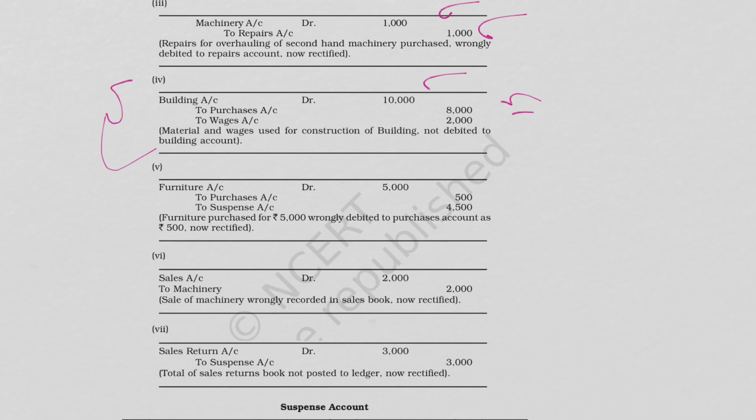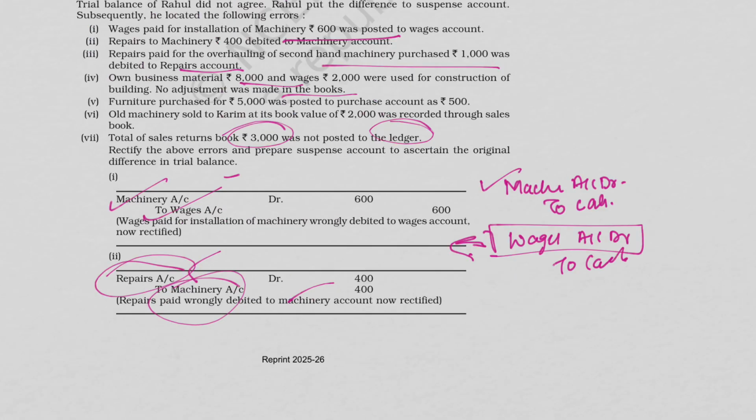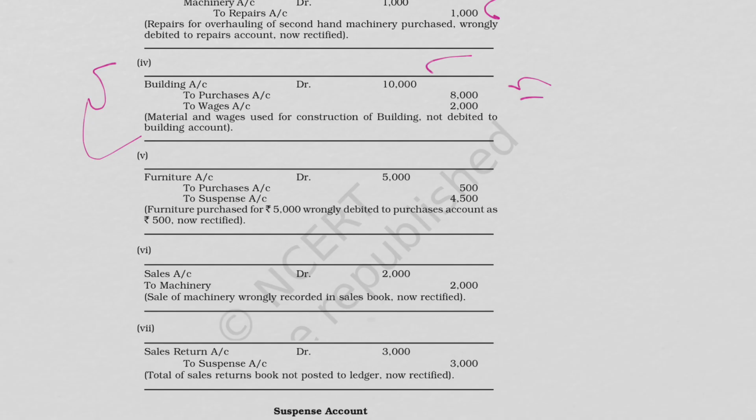So we'll post it. Furniture purchase for rupees 5000 was posted to purchase account for rupees 500. Okay. So furniture, it should have been 5000. So purchase, we have excess debit. So we'll remove this, and difference in suspense account will pass.